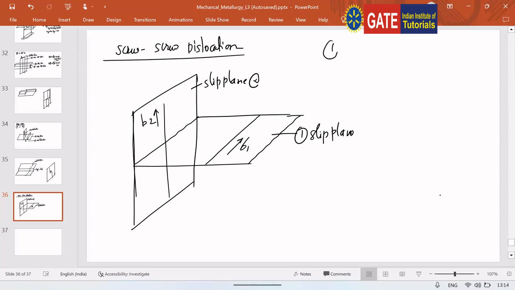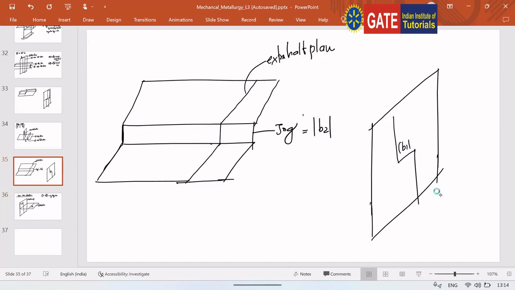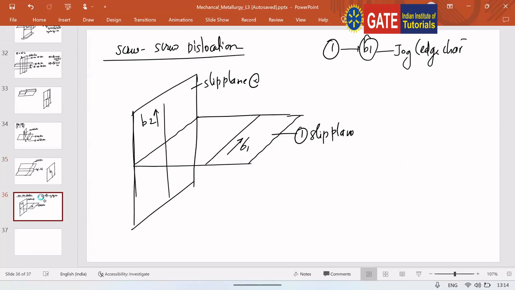So what will happen to the first slip plane? The screw dislocation with the Burgers vector B1 undergoes jog. Jog happening in a screw dislocation is of edge characteristic, and the magnitude of this jog is given by mod of B2.